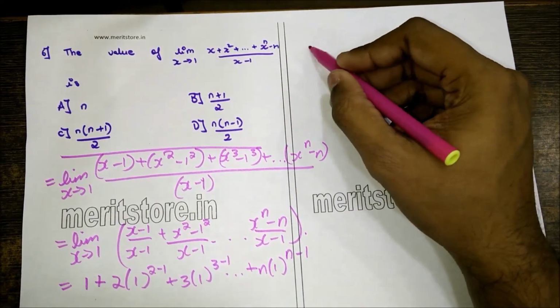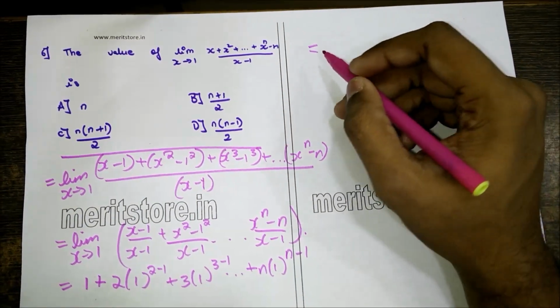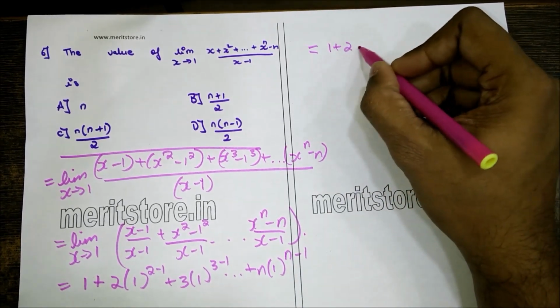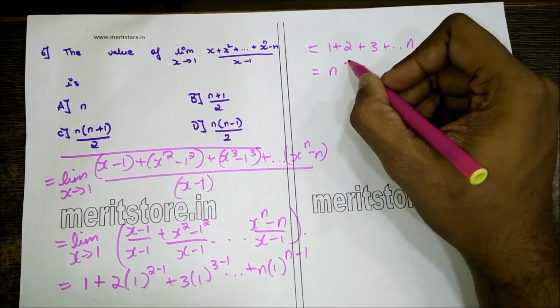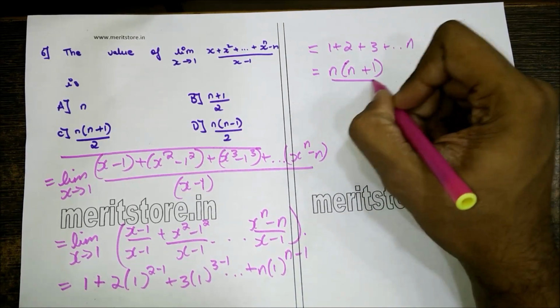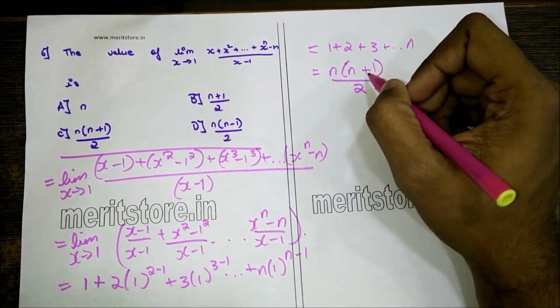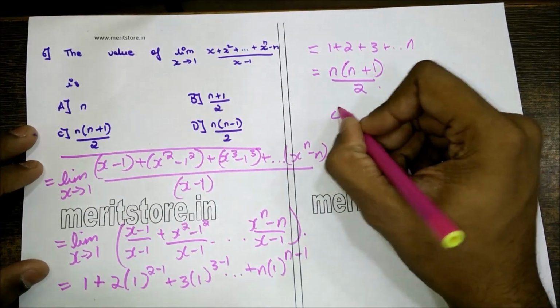So that is equal to 1 plus 2 plus 3 plus and so on till n, and as you know the summation of n numbers is n into (n plus 1) by 2, which is option C.